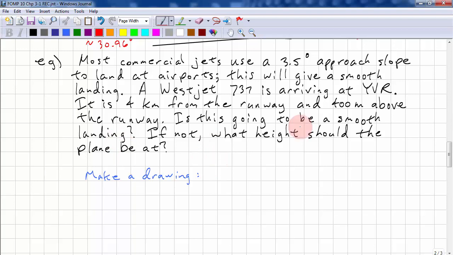Let's highlight some important numbers. That one's important. That one's not important. It's just a descriptor. That's important. That's important. And that's about all we need. Approach slope, this means angle of declination or depression.